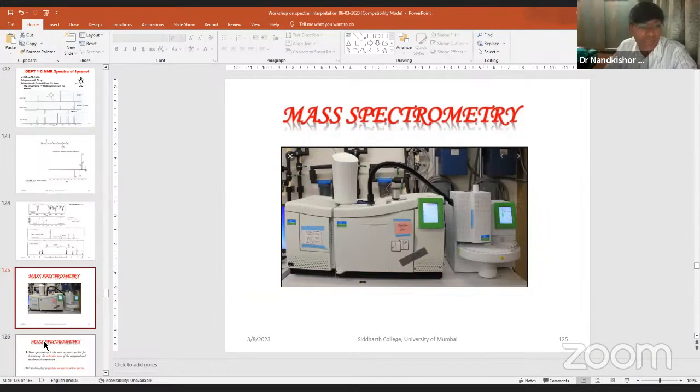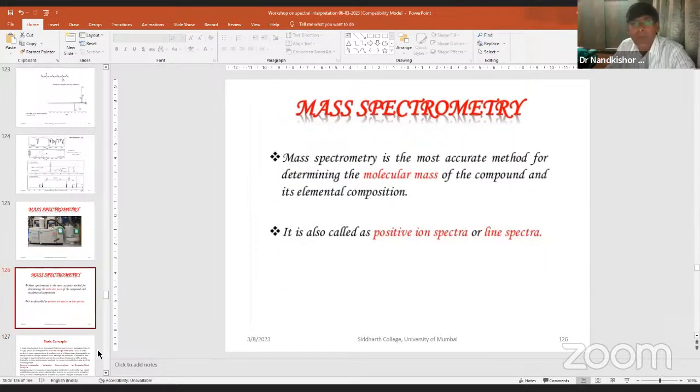And that crucial spectroscopy technique we will discuss, which is very, very simple. Now, what is mass spectrometry? Here, we are not going to use any light source as in UV, IR, NMR. Here we are going to use an electron gun. That means electrons at a certain potential or voltage are used to ionize the molecules.